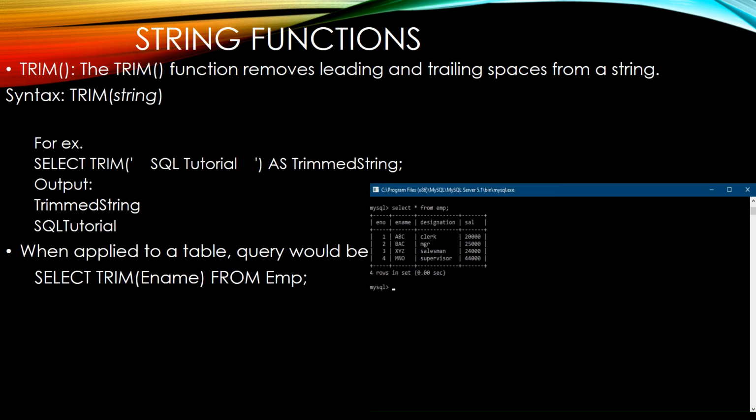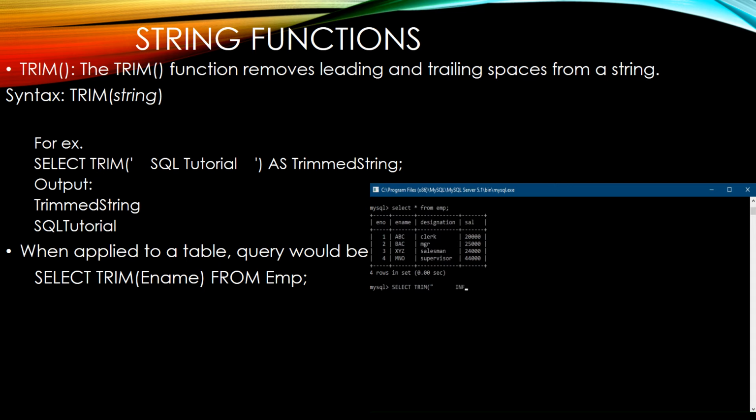Trim function. The trim function is used for removing the leading and trailing spaces. Leading and trailing means left and right spaces, if the spaces exist in the string. Let's take an example. Select trim. I am passing a string with space at the start and at the end.